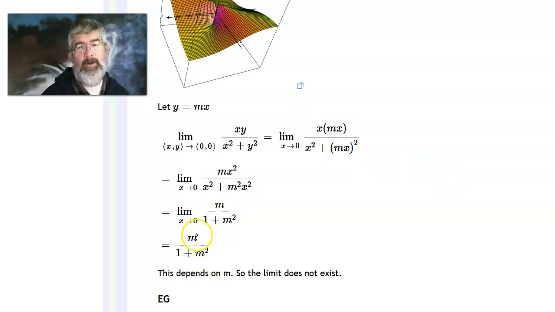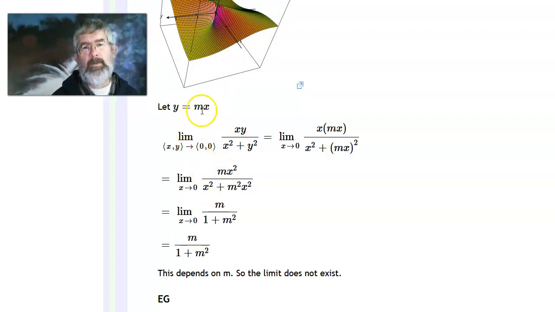When I come in along, say, the line y equals 0, so I come in along the x-axis, this would be a 0 over 1, and I'm approaching 0. But if you come in along, say, the line y equals x with m equals 1, this is 1 over 1 plus 1, it's a half. As I come in along the line y equals x, I get up here at a half.